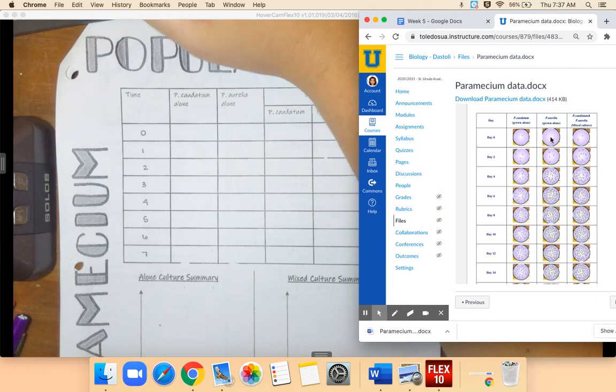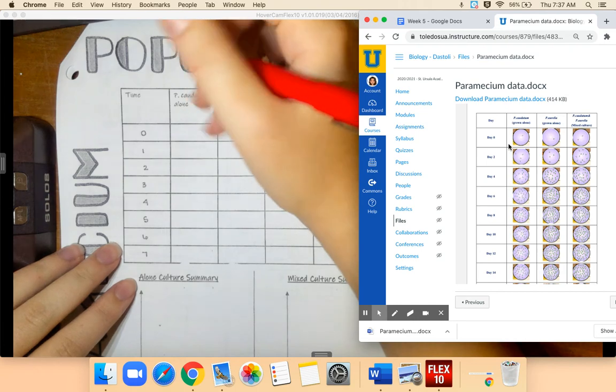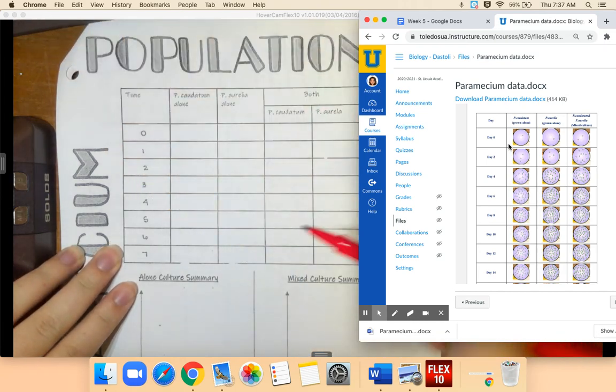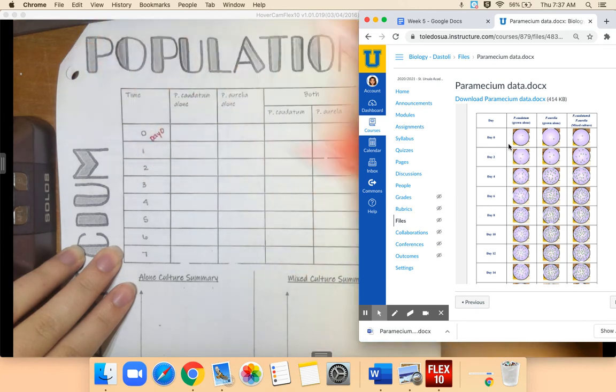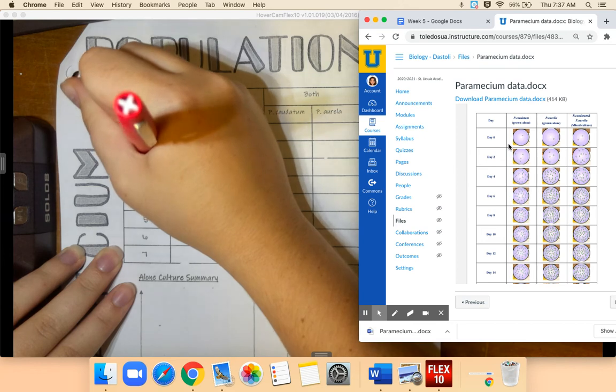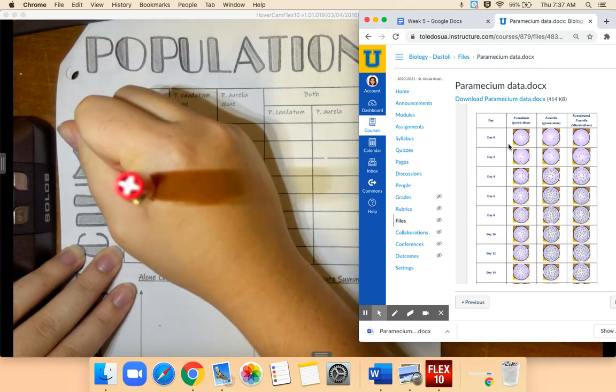So what you're going to do is count, and I'm going to change how mine looks a little bit. Time 0, we'll say, is day 0. Time 1 is day 2. Time 2 would be day 4.